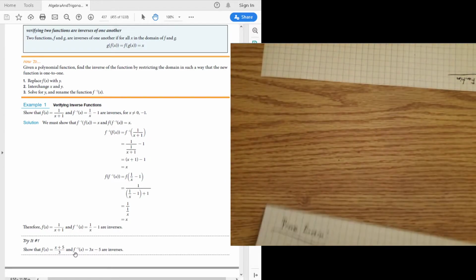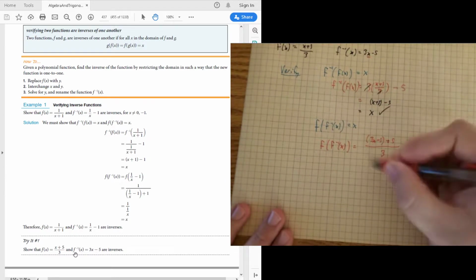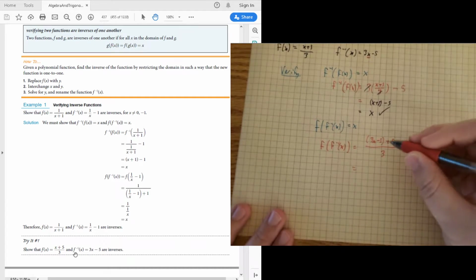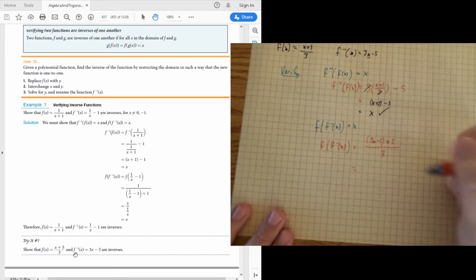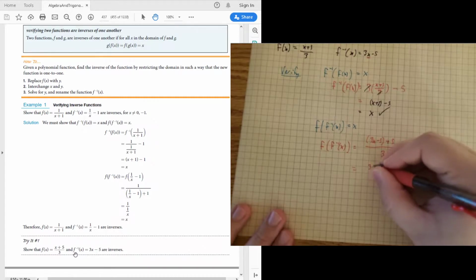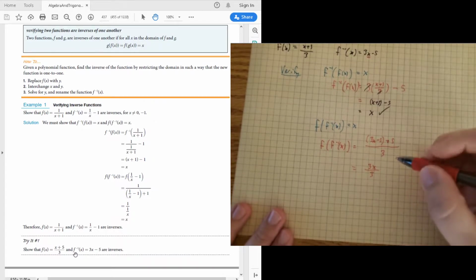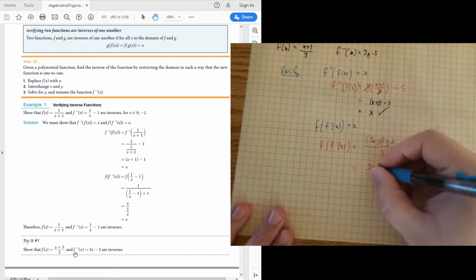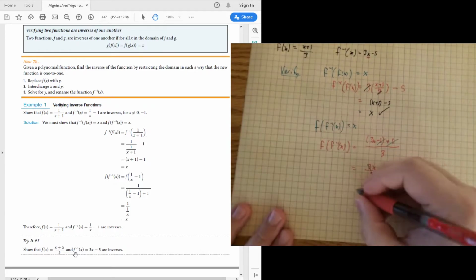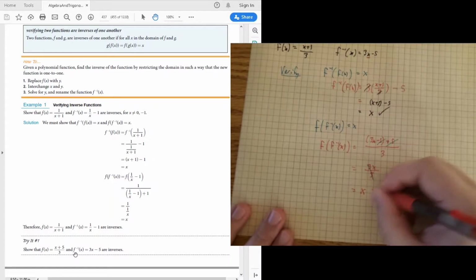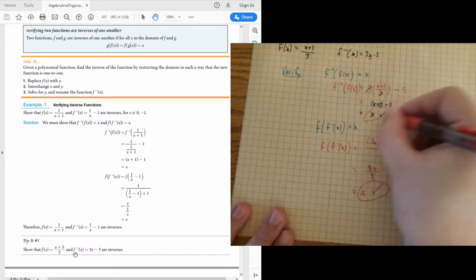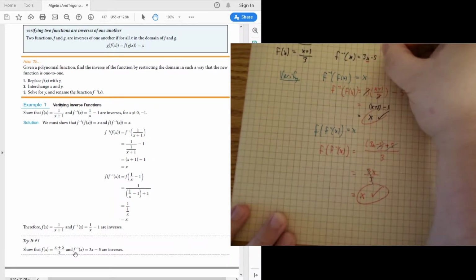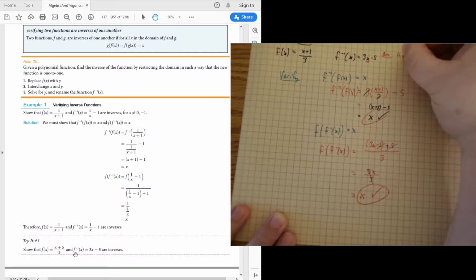And just like before, everything's going to cancel. So the 5 and the negative 5 are going to cancel because the parentheses aren't doing anything. So we end up with 3x over 3. The 3 on top and the 3 on bottom are going to cancel. And when they do, we're left with just x by itself, exactly as we predicted. Which means that these two are inverses.